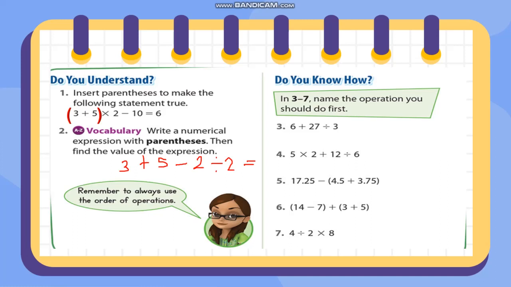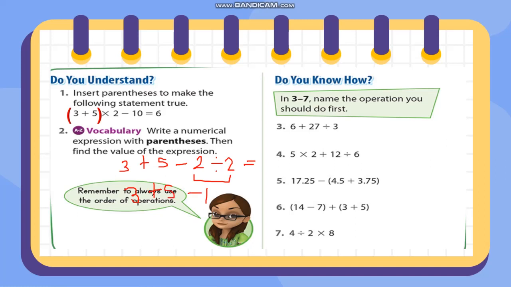So using the PEMDAS rule, I need to evaluate first parentheses. Since I don't have parentheses from the given, next is the exponent. I don't have exponent also. Next is multiplication and division. So I have division, so I need to divide it first. 2 divided by 2 is 1, then copy the remaining given, 3 plus 5 minus 1.